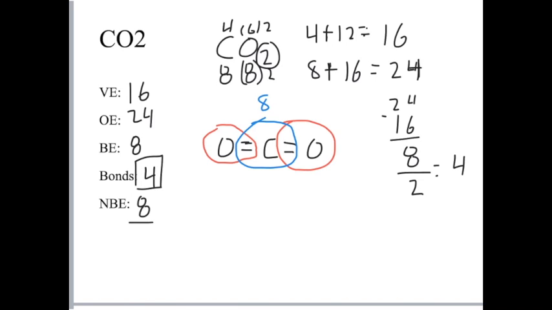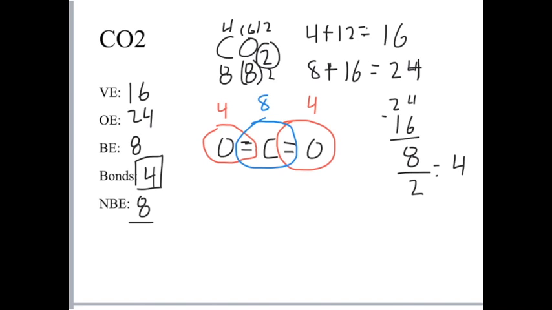So this carbon has 8. It's good to go. It doesn't want any more. However, my oxygen atoms have 2 bonds, right? Each one of those bonds is 2 electrons, so these oxygens only have 4 electrons each, which means they need to get to 8.